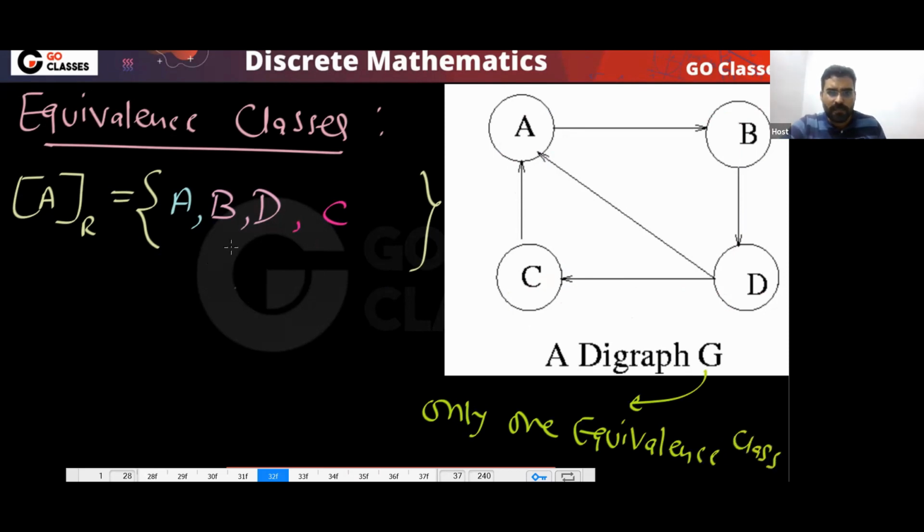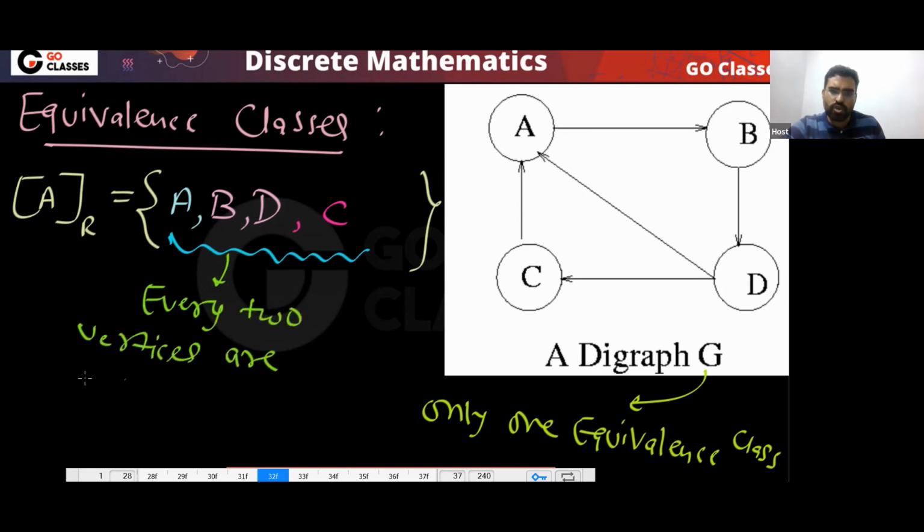Let me tell you one thing. What does this equivalence class tell you? It tells you that every two vertices are strongly connected. Agree?